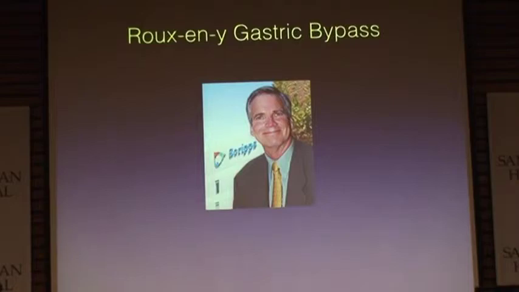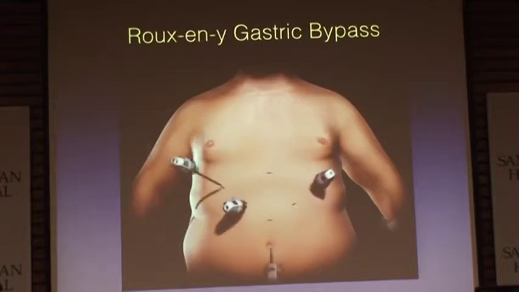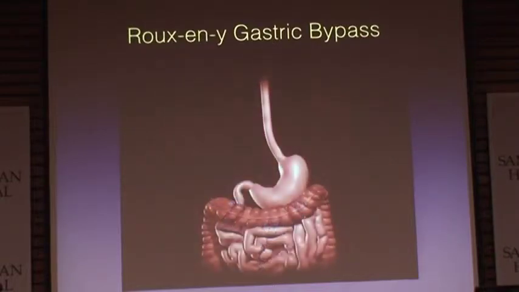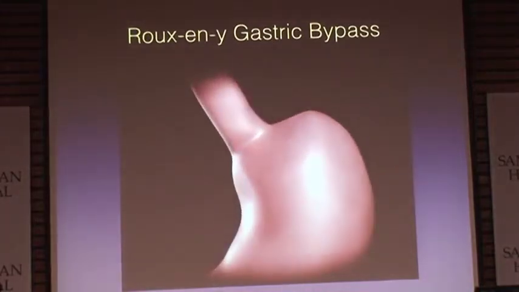And the way it's done, I just showed you a picture of another California surgeon who years later was the first to do it laparoscopically through very small incisions. And so that's what we are seeing here. We make very small incisions so the pain is minimized and the complications from surgical incisions minimized.